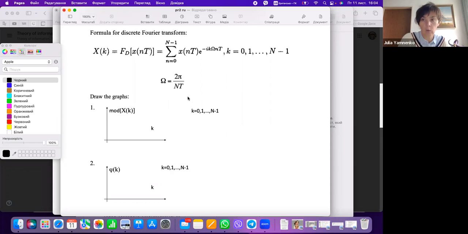I suppose that you are able to calculate a module. If you have a real part and an imaginary part, the module can be calculated as the square root of the real part squared plus the imaginary part squared.